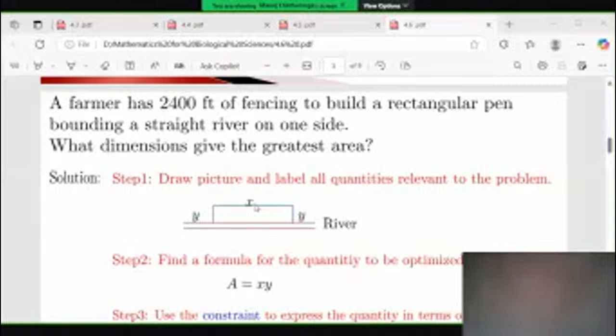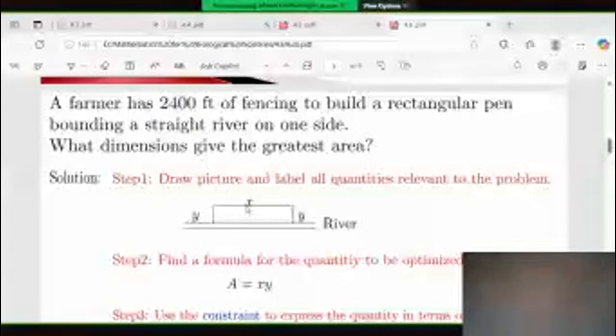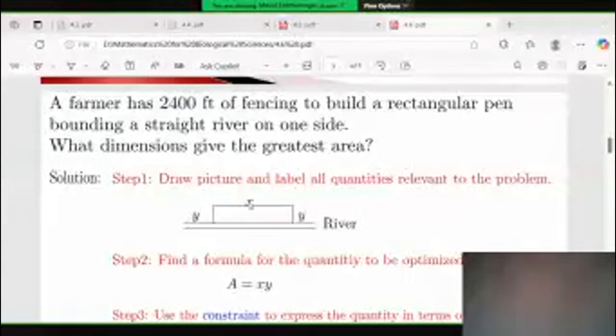So you see, now you can arrange this rectangular pen in various different shapes. You can choose x and y to be any lengths, as long as the perimeter covered by this fencing material is 2,400, he can do it.